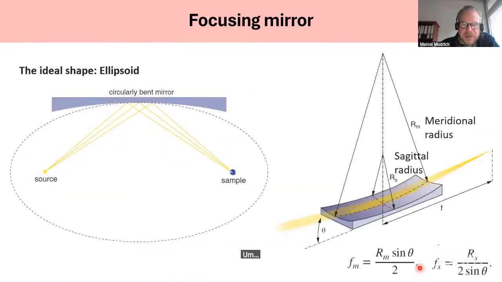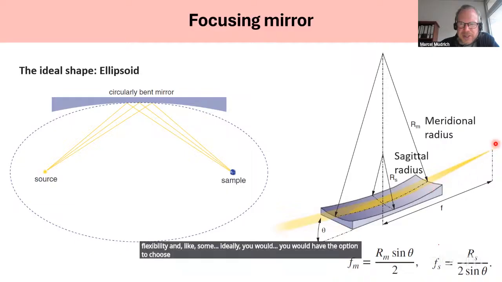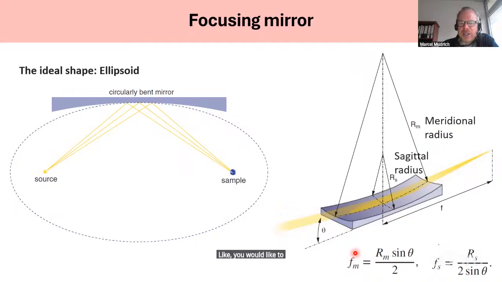It's nice to have such a curved mirror to focus the beam, but oftentimes you would like to have some flexibility. Ideally you would have the option to choose where exactly the position of the focus is. You would like to control the focal length of the mirror.